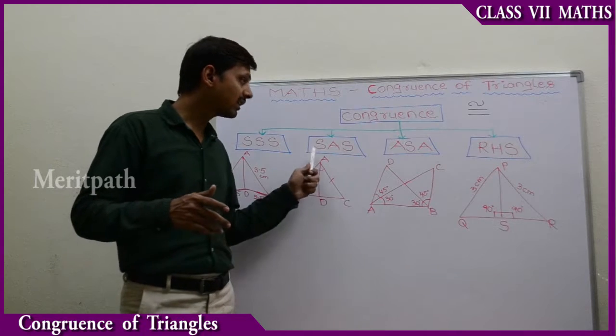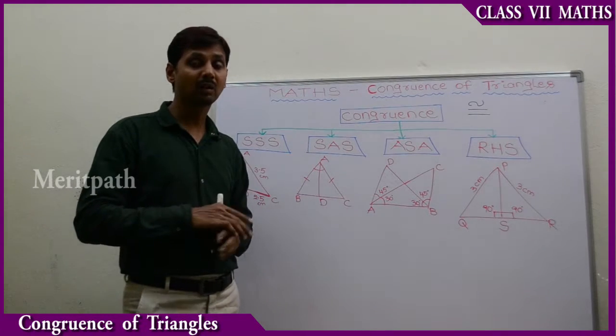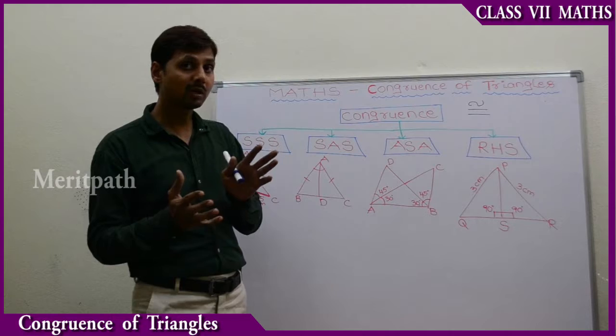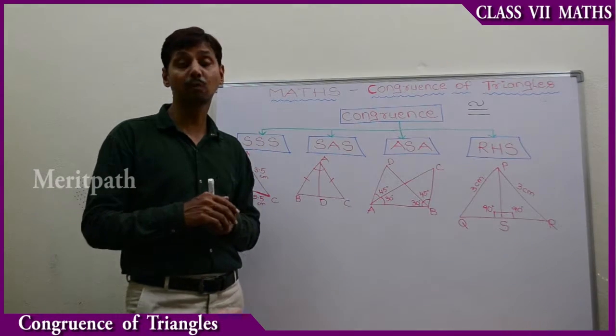So that is two sides and one angle: if the corresponding parts of the two triangles are equal, then we call it SAS property.